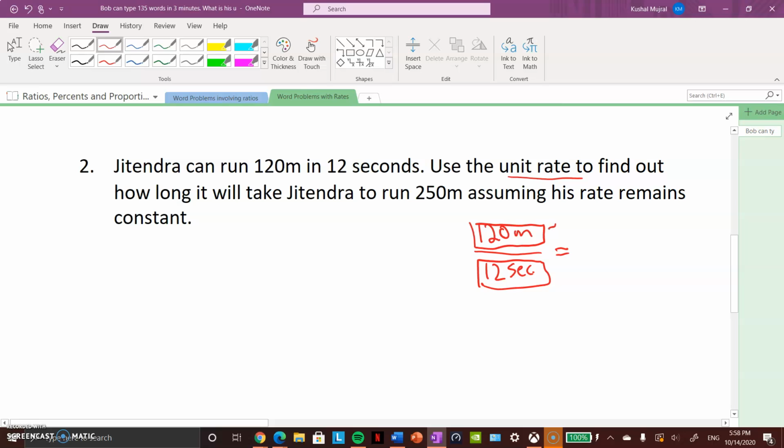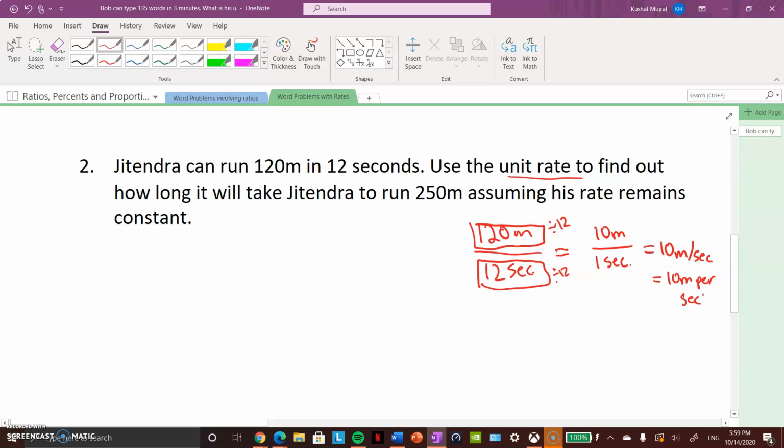So then, if you divide the top by 12 and the bottom by 12, you get 10 meters divided by 1 second. So his unit rate is 10 meters per second. Okay? Any of these work.